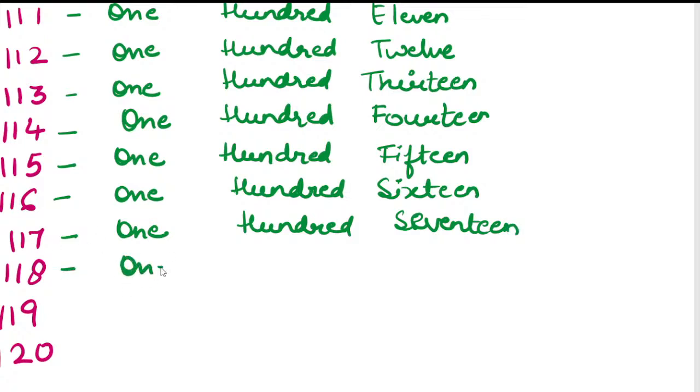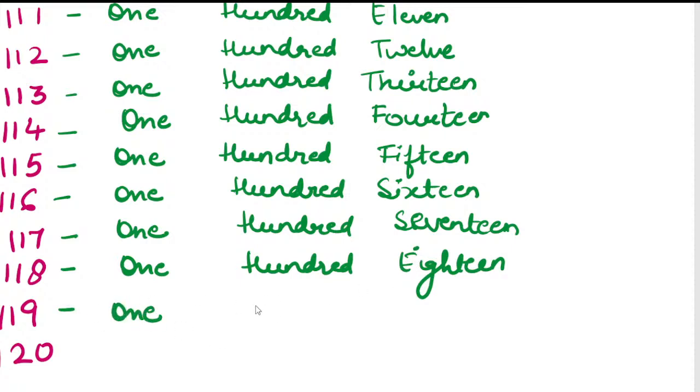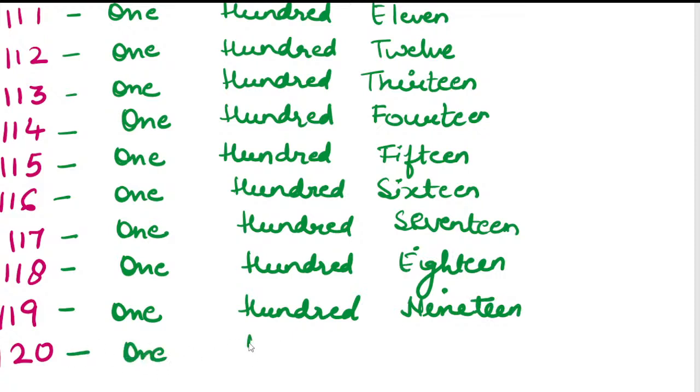Now 118: ONE HUNDRED 100, 18 EIGHTEEN. 119: ONE HUNDRED 100, 19 NINETEEN. Now 120: ONE HUNDRED 100, 20 TWENTY.